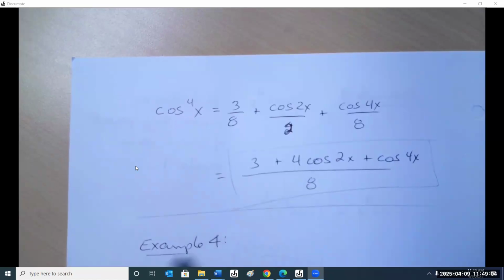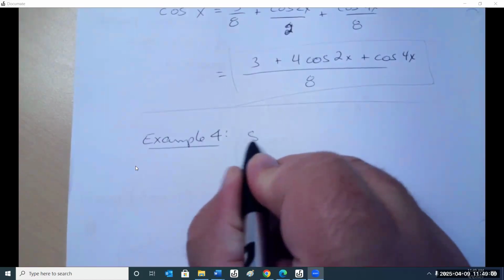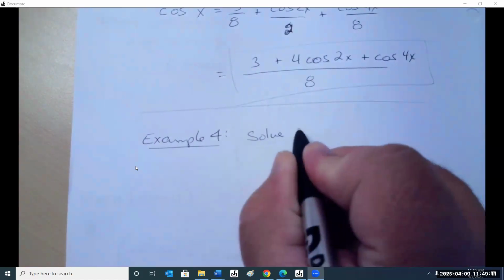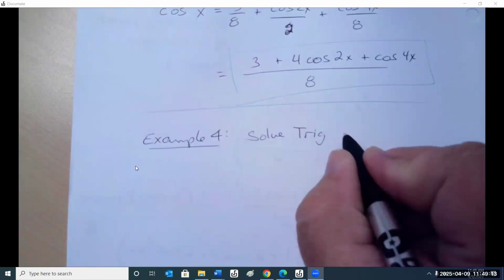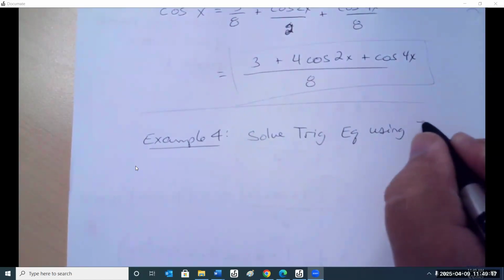Example 4. Solve trig equations using identities.